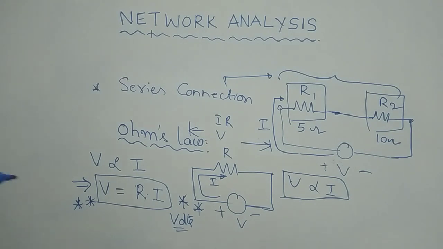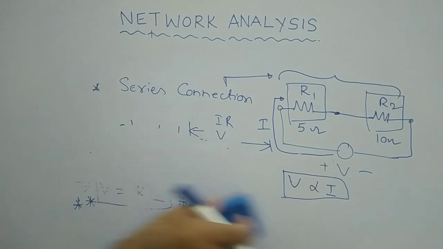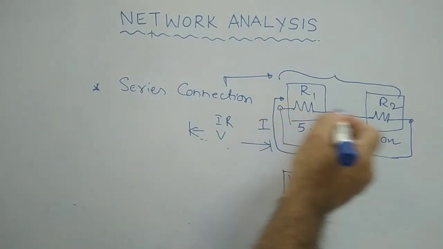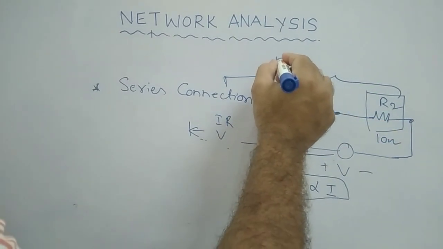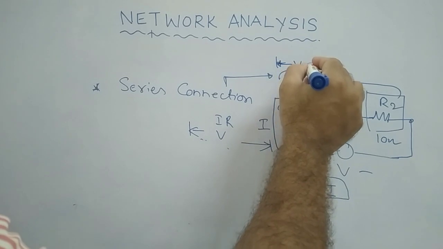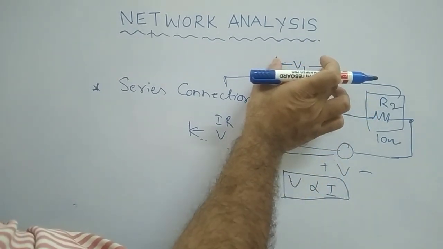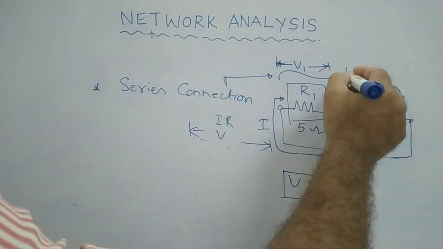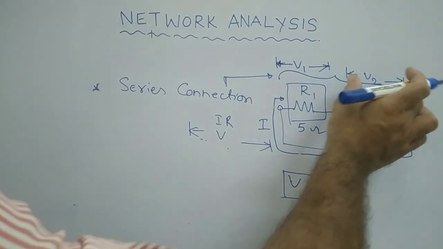Therefore, according to this Ohm's law, in this circuit which we have considered now, these are the two resistors. Obviously, across this R1 we will have a certain voltage. Let us call it V1, the voltage drop across the resistor R1, and across R2 let us say V2 is the voltage drop across R2.